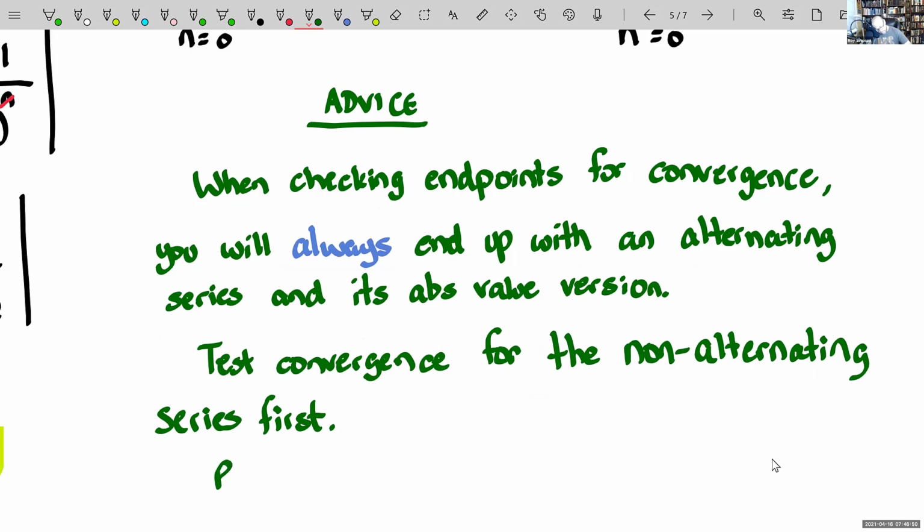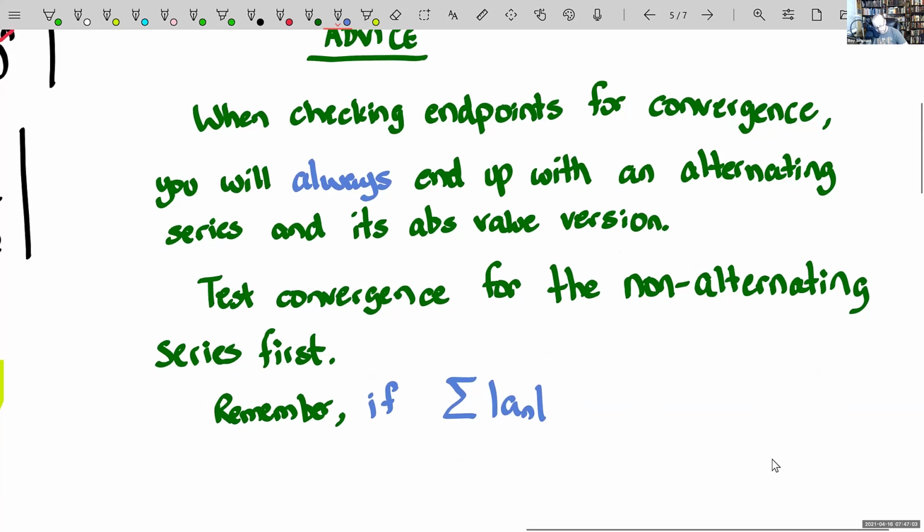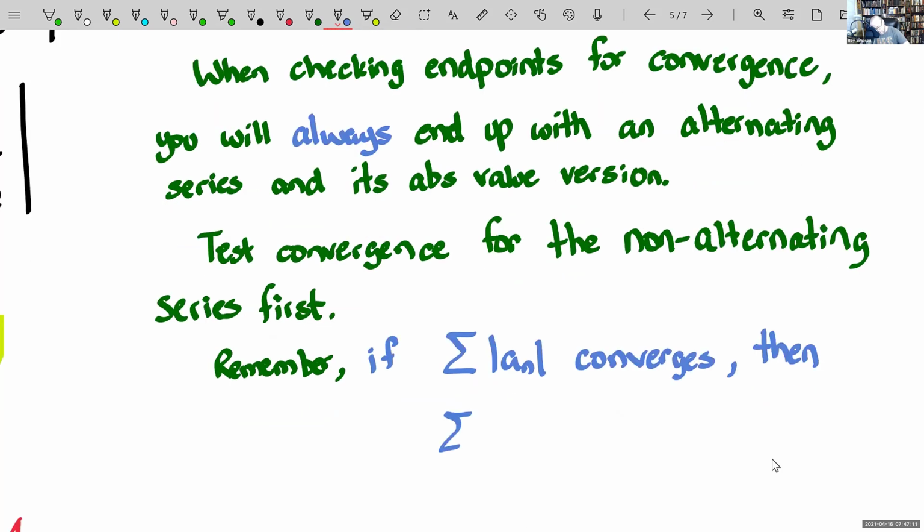Remember, if the summation of the absolute value of a bunch of terms converges, then the summation of the original one also converges.